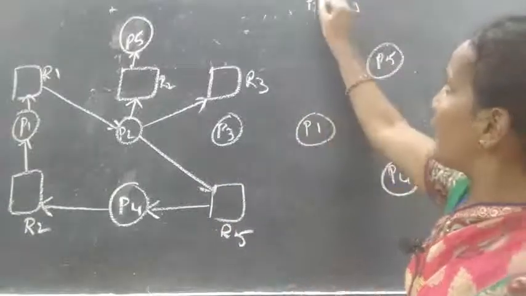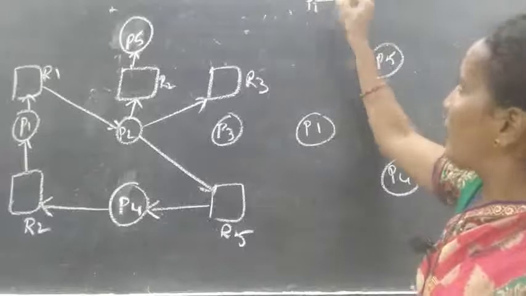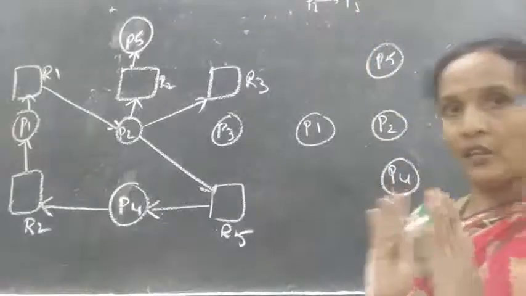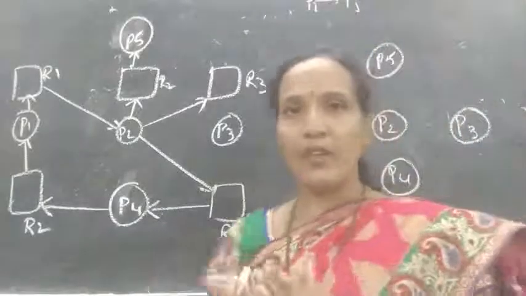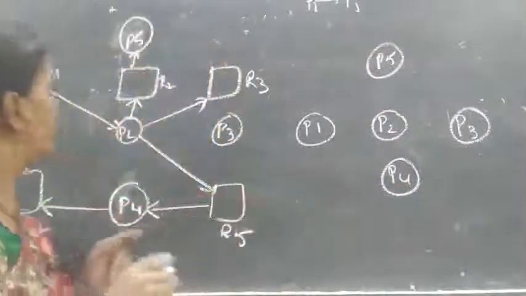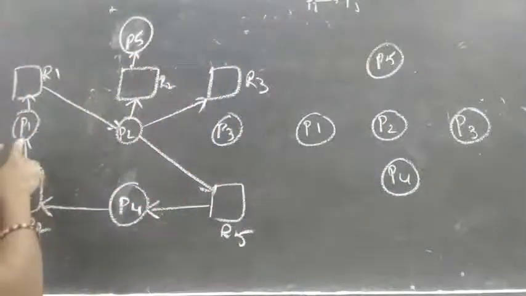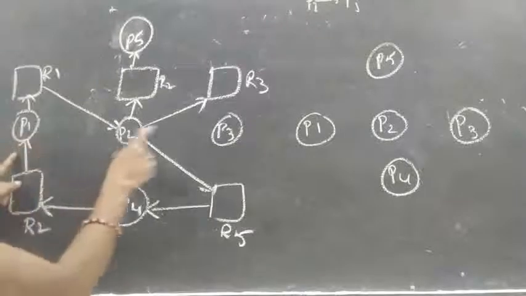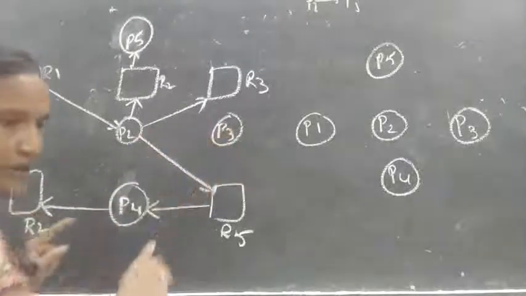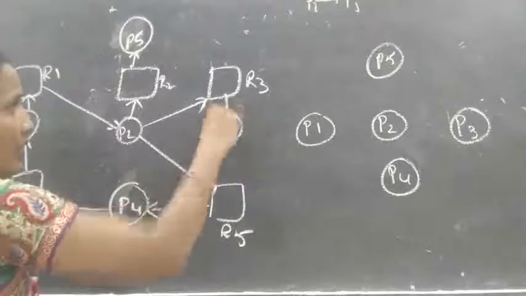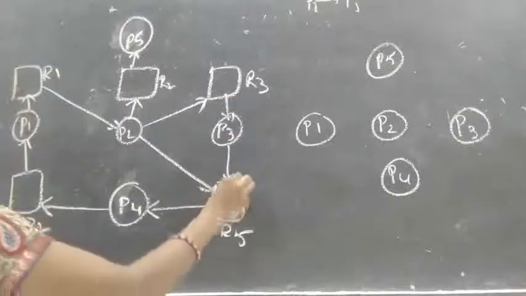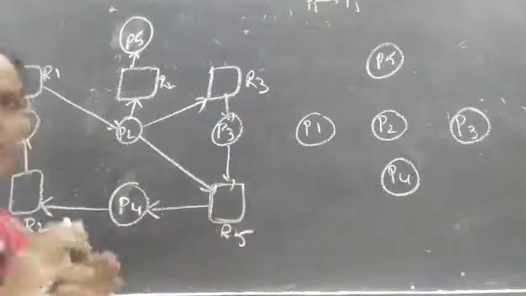So in that case directly you can draw the edge from Pi to Pj. So in that way you can construct the wait-for graph. Okay, so here you can see in this graph, how many processes are there? P1, P2. These circles are called processes, and this rectangle is called a resource.